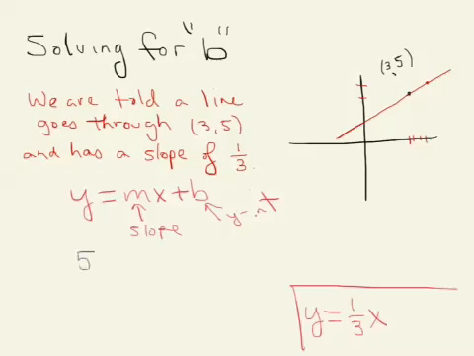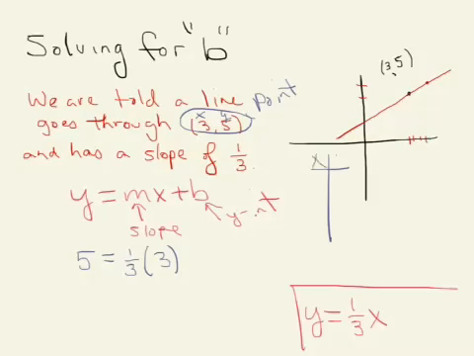The y value 5 is equal to 1/3, that's the slope, or the m, times the x value. This point gives you an x and y value that must be true. After all, this graph is a table of values, and when 3 goes in, they tell us 5 needs to come out. So we're going to figure out the b to make that happen.